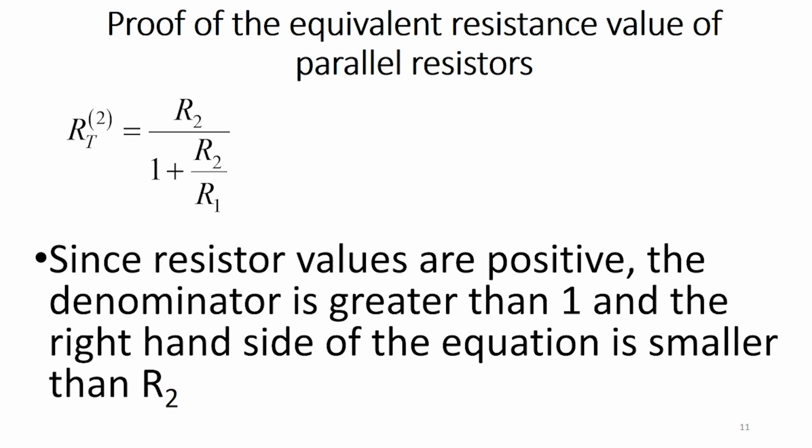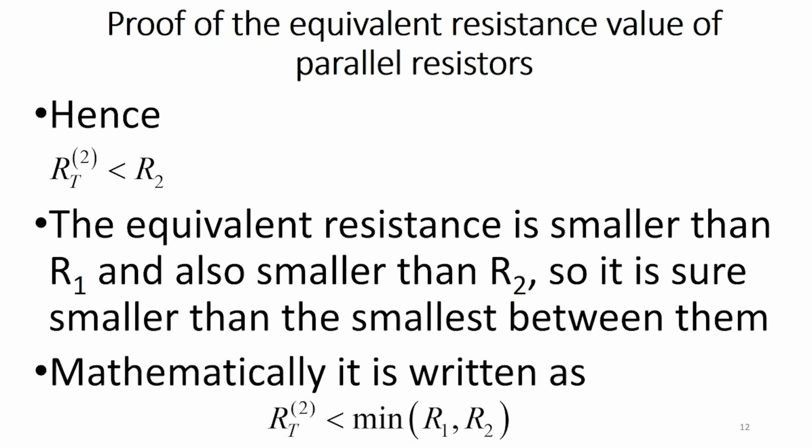Since resistor values are positive, the denominator is greater than 1, and the right-hand side of the equation is smaller than R2, because it is R2 divided by something that is greater than 1. Hence, RT2 is smaller than R2. The equivalent resistance is smaller than R1 and also smaller than R2, so it is surely smaller than the smallest between them. Mathematically, it is written as RT2 is smaller than min, or minimum, between R1 and R2.